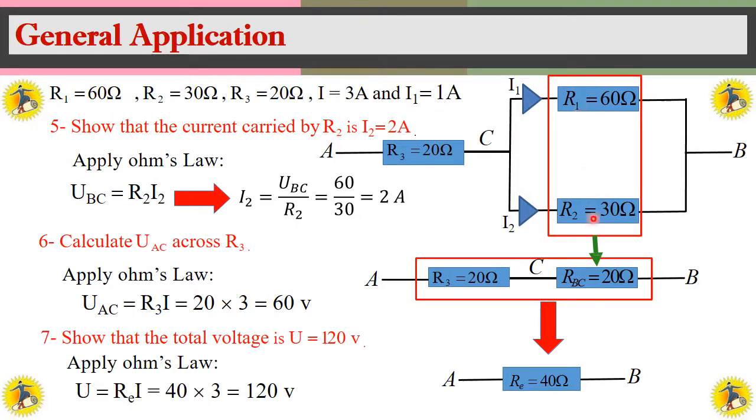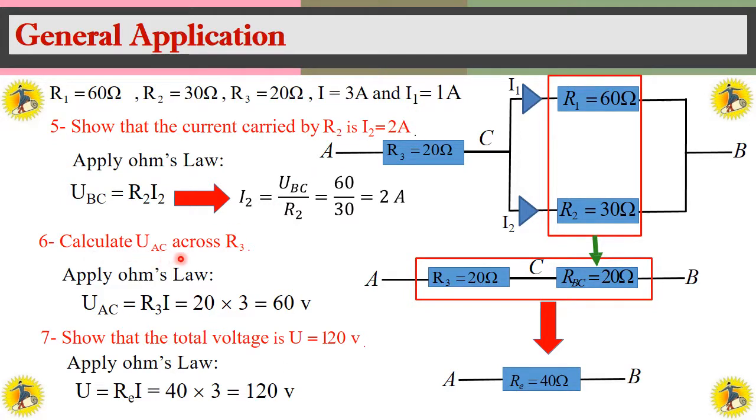Since they are in parallel, we will write I equals I1 plus I2, then I2 equals I minus I1. We get also 2.